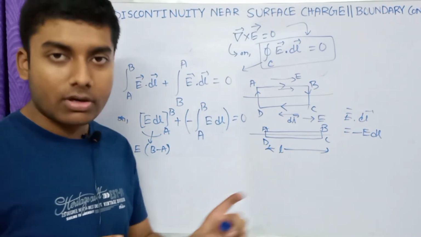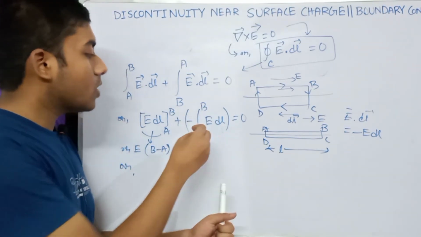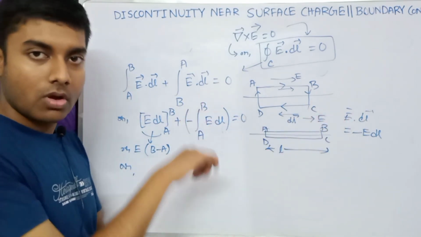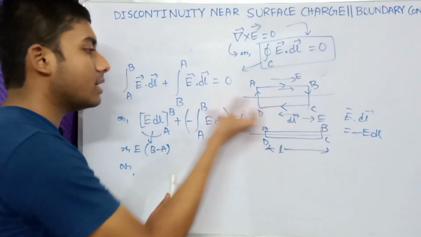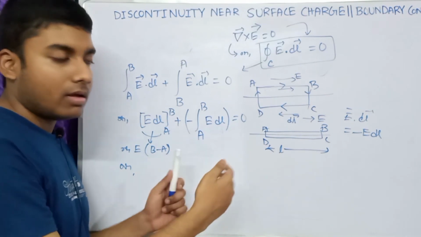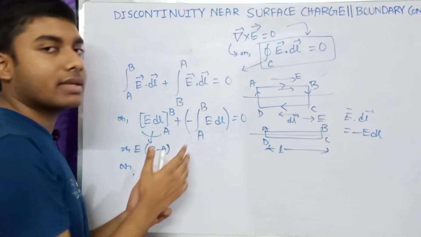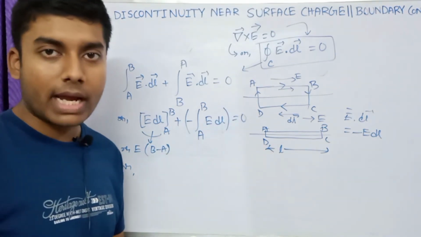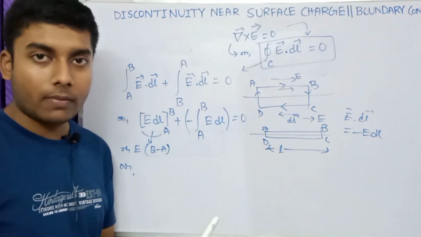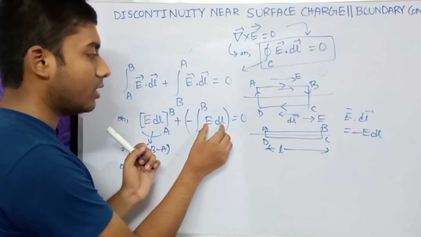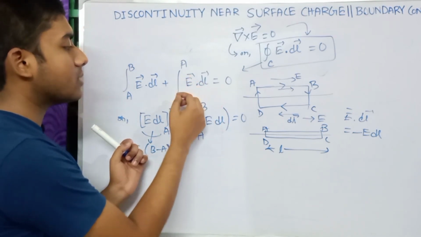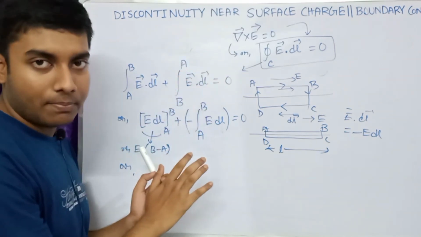But that cannot be possible, because we are considering the negative sign of this in the limit. So how can we consider this twice? That will be wrong. If we write E dot dl as minus, we have to put the limits the same.